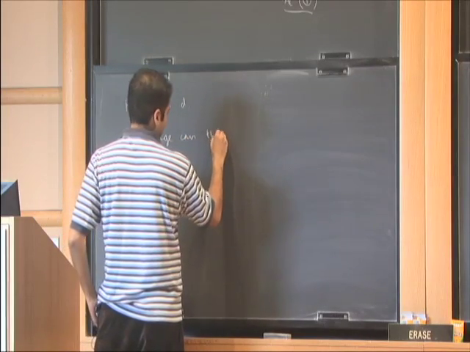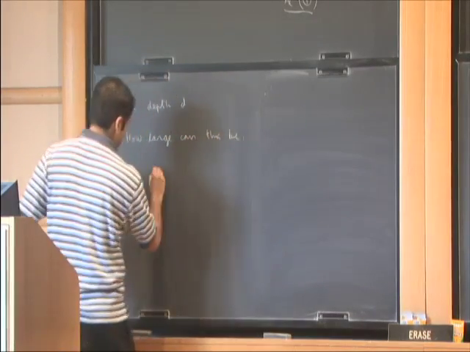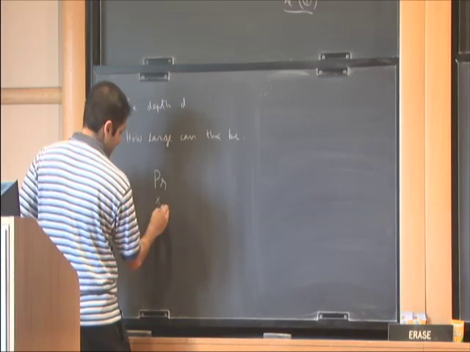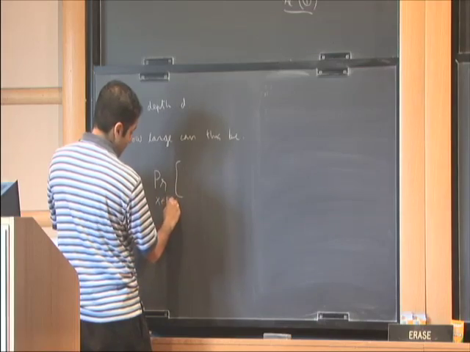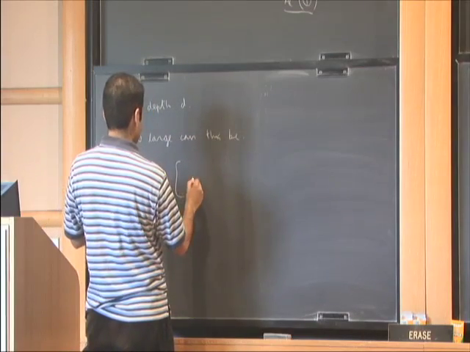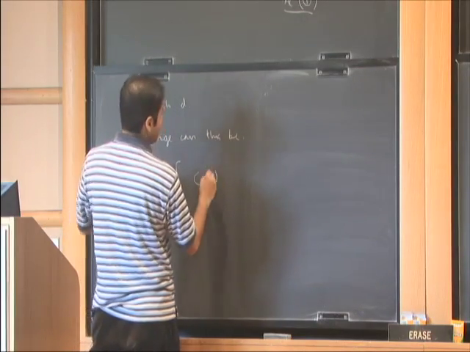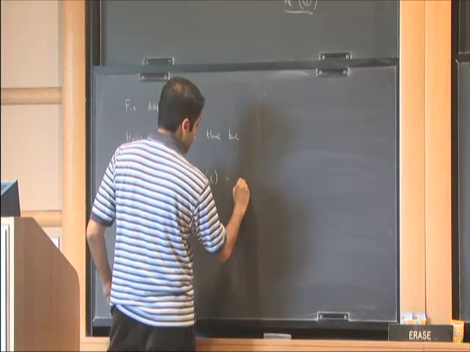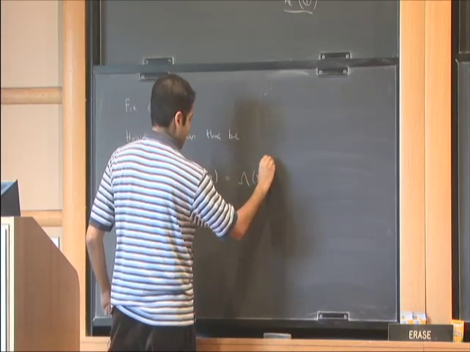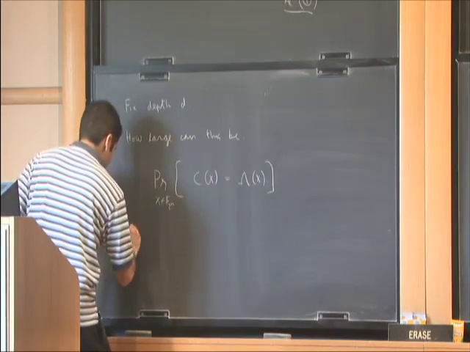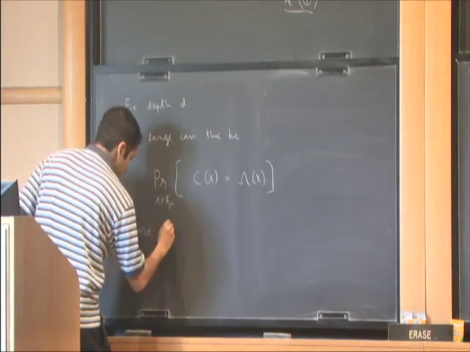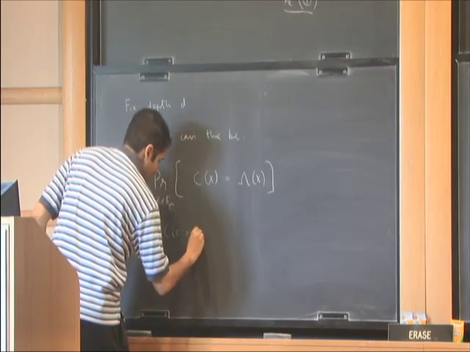I ask for the probability, over a random x in f2 to the n, that c of x equals lambda of x, where c is an arithmetic circuit of depth d.